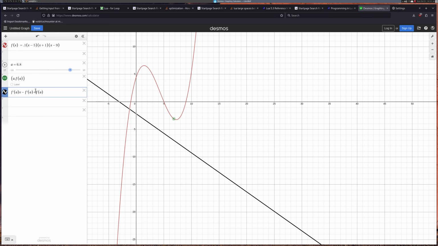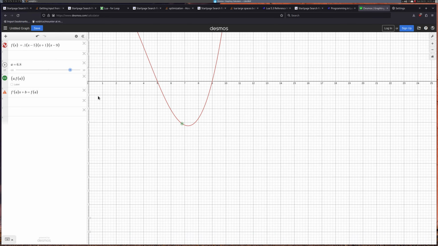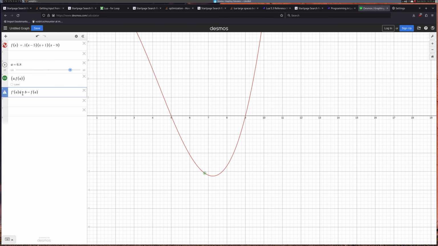Minus f prime plus. Alright. Let's do this again. F prime of a times x plus b equals f of a. Now if we multiply this by, so we got this is a. So f prime of a times f of a.